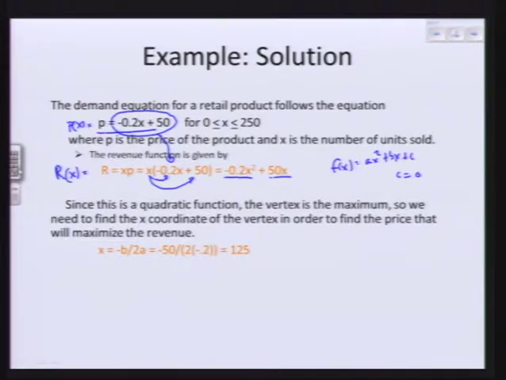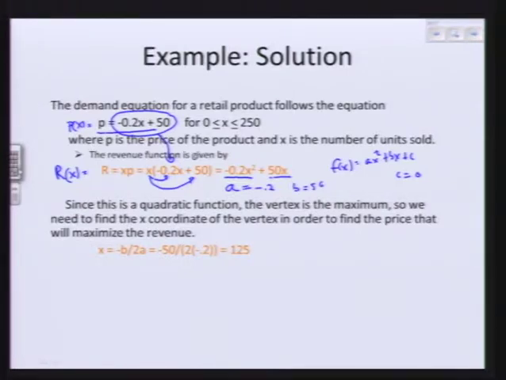That was the equation of the x-coordinate for the vertex. And so we're going to see that our a in this particular case is equal to negative 0.2. Our b is equal to 50. So we get negative 50 divided by 2 times negative 0.2. That comes out to be x is equal to 125.